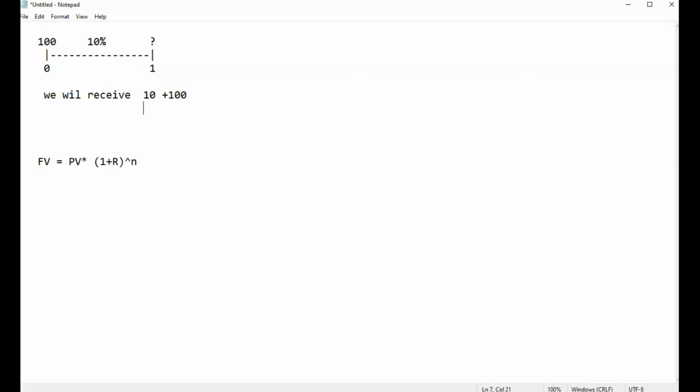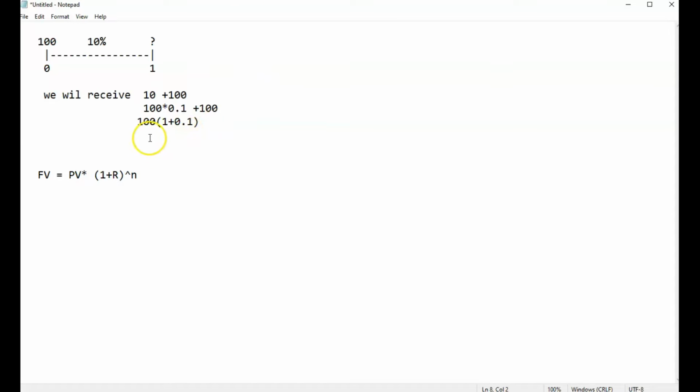Okay, so this is 100 times 10% plus 100. Actually, if we collect terms, it is 100 times (1 plus 10%). So this is our calculation.